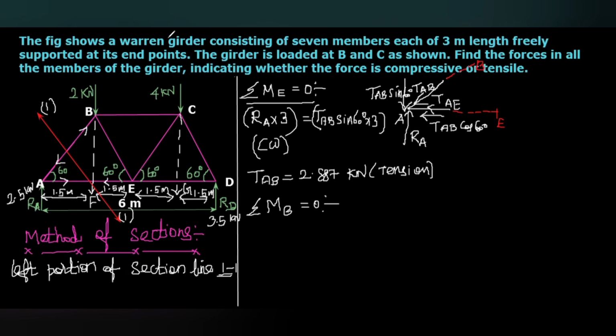Here you can see this RA. You can consider this because this is the line of action of the force RA, so we can consider it is acting anywhere on this line. If we consider RA acting along this line, then this will be the perpendicular distance from the point B, which is equal to 1.5 meters.